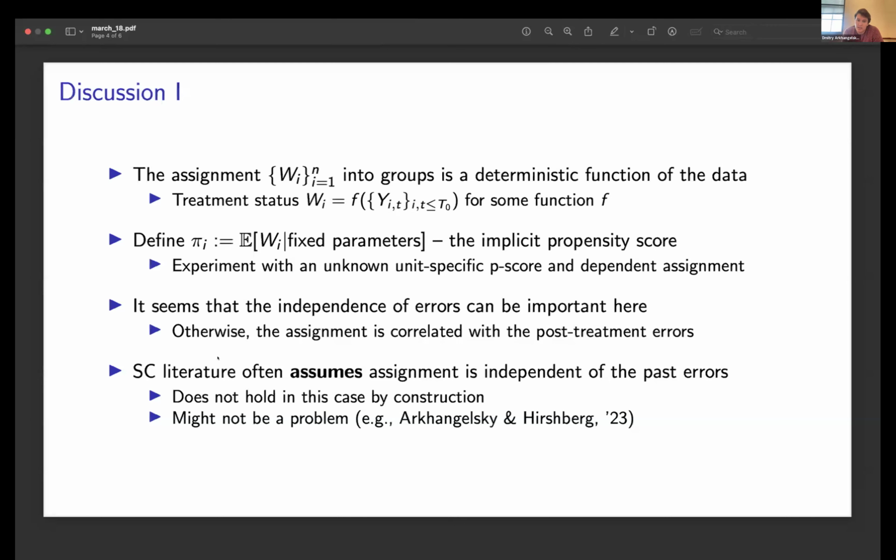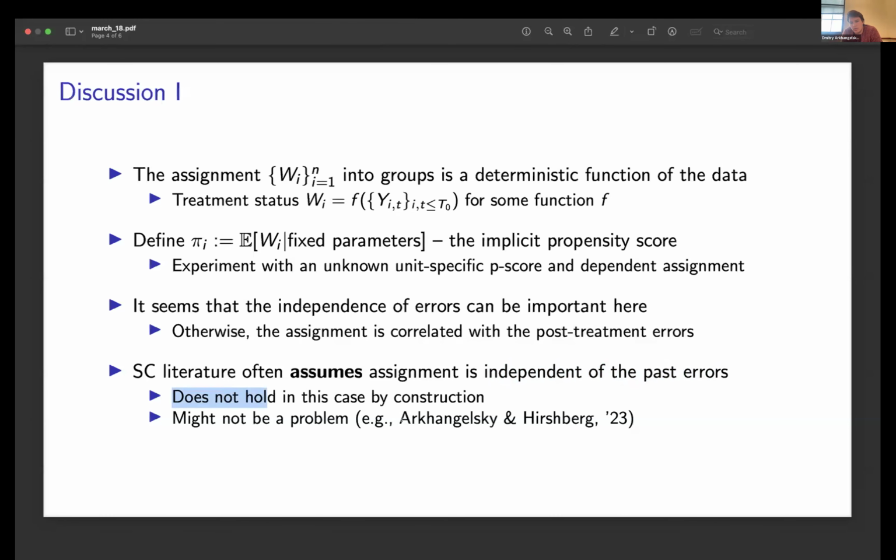Although the synthetic control literature often assumes explicitly that the assignment is independent of the past errors, right? Which is not true in this paper. By construction, it does depend on the past outcomes and thus on the past errors. So that literature assumes that, here it doesn't hold, but this might not be a problem, right?